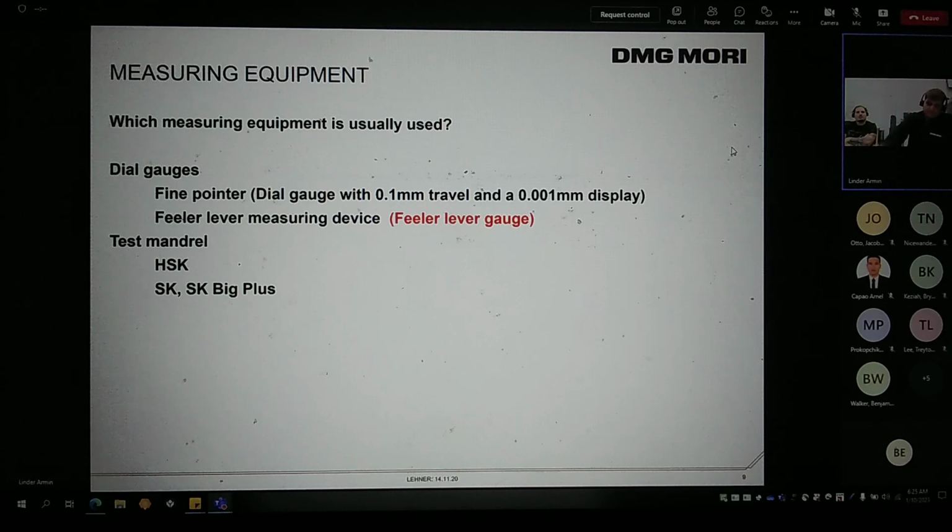So then also BT, CAT, and NC, I think, but this is very rare. Especially some tool manufacturers, we have to use the Tapto tool clamping system. Is there anybody who doesn't know the Tapto?